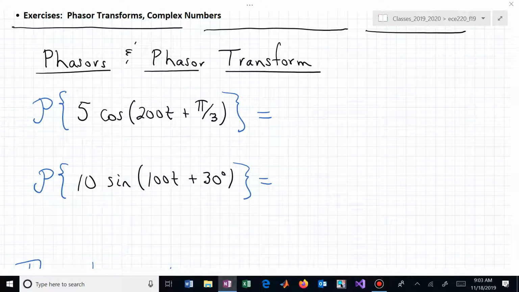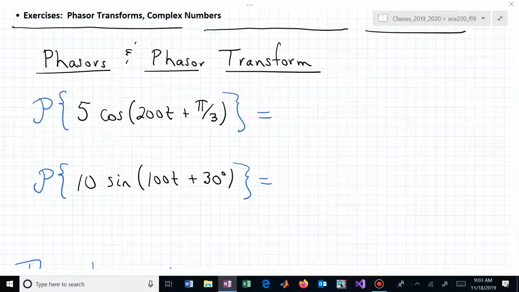This is now cosine of 200t plus 60 degrees. And you'll see the phase expressed in either radians or degrees interchangeably, and you just need to be comfortable going back and forth.